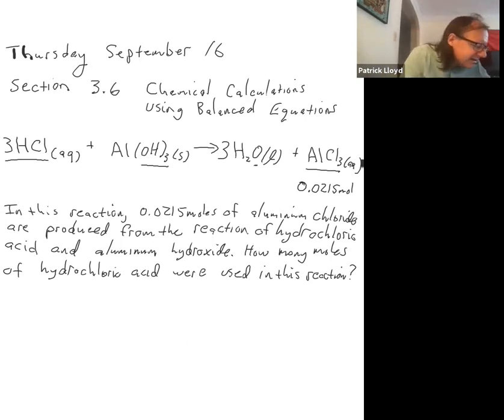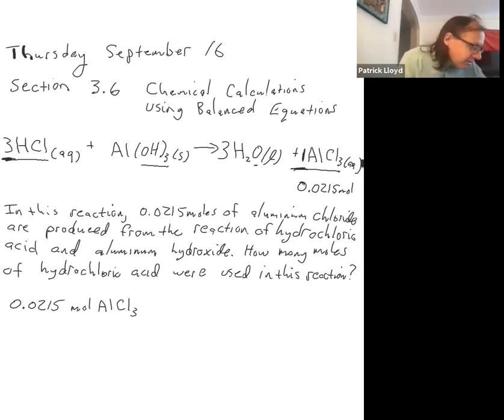Well, again, the idea is essentially these coefficients give you the relationship. You have an implied 1 there, okay? So we take the quantity or the measurement or the given. So that's how many moles of aluminum chloride were produced in the reaction.